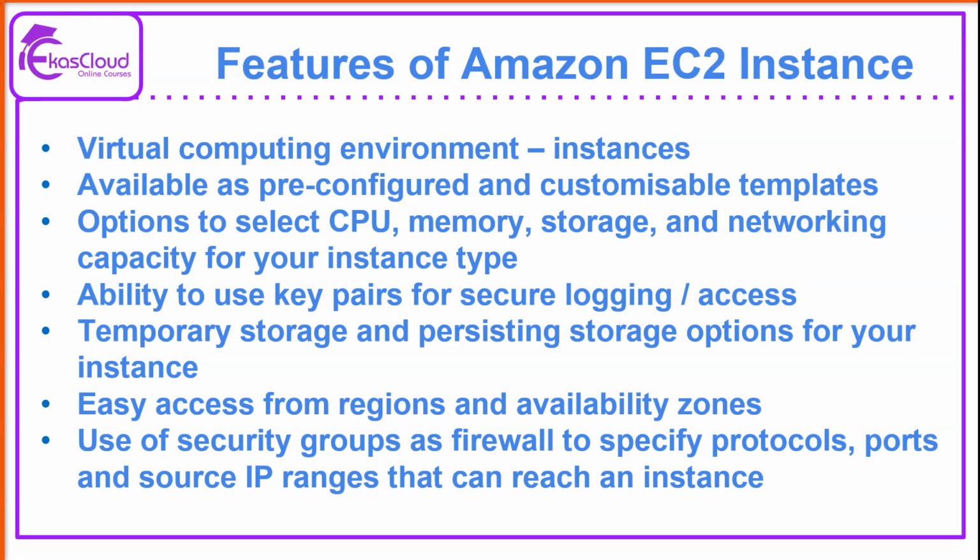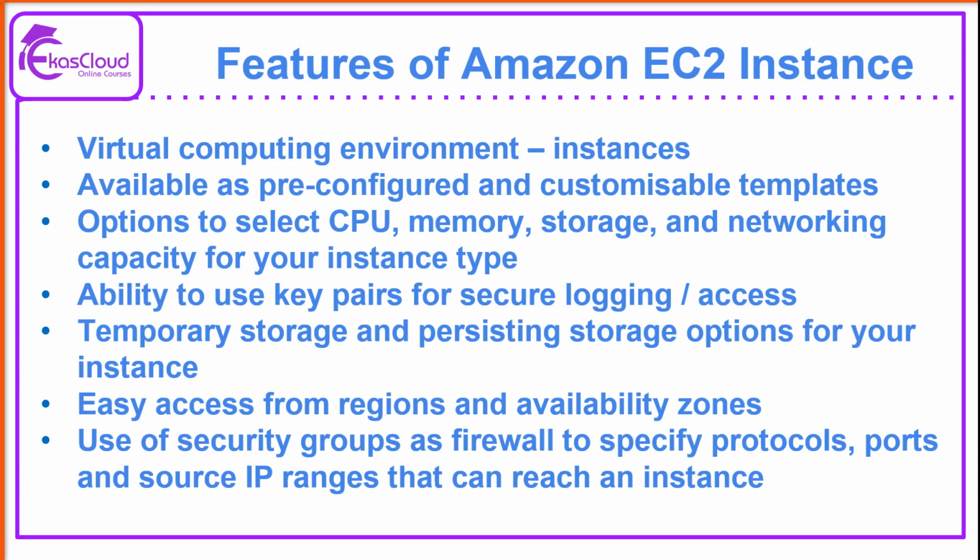The common features of an Amazon EC2 instance include your ability to have it in a virtual computing environment, and also you have the option of pre-configured or customizable templates, and these are called Amazon Machine Images.